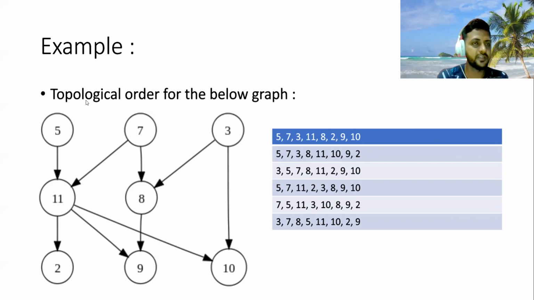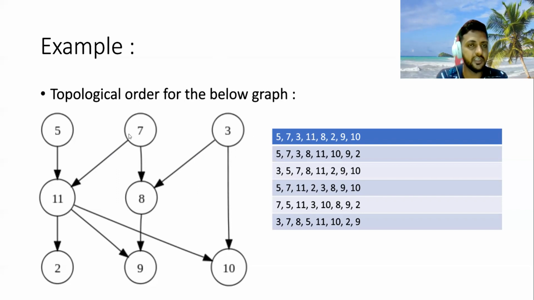So here, let's say this is the graph. We want to print the topological order. First of all, we can take this edge 5 to 11. It means that 5 should come before 11. In the first order, you can see 5 is coming before 11. Absolutely fine.